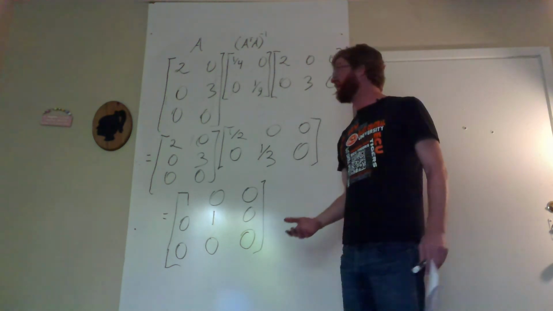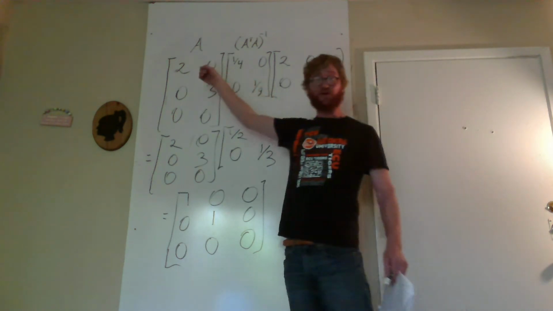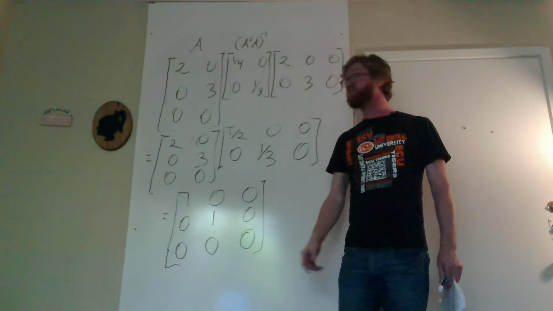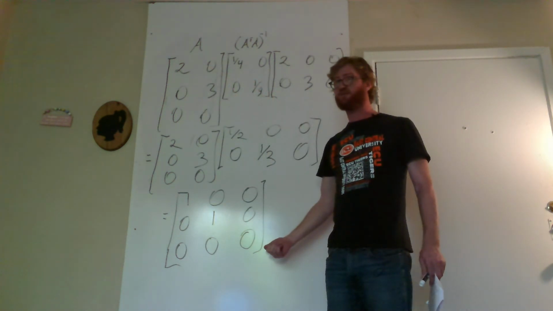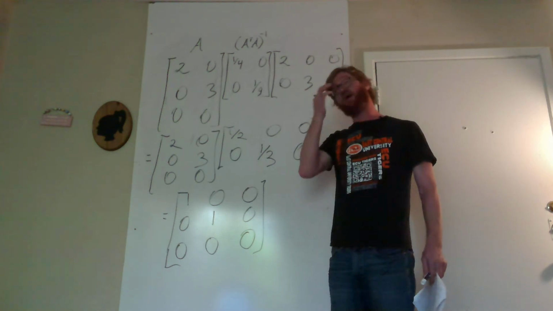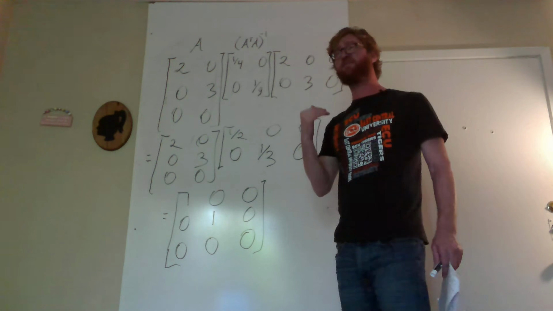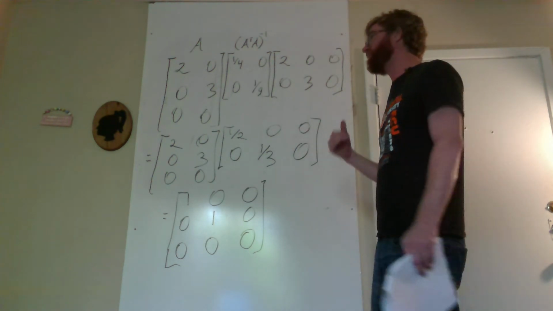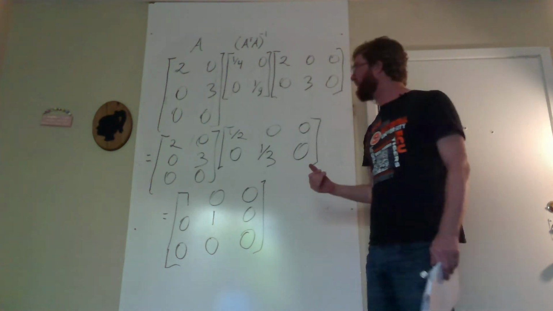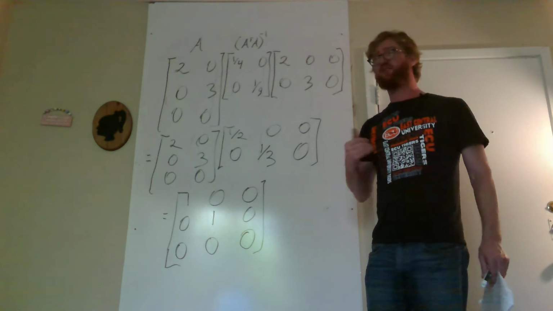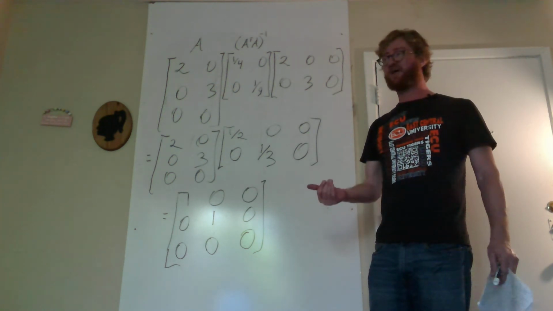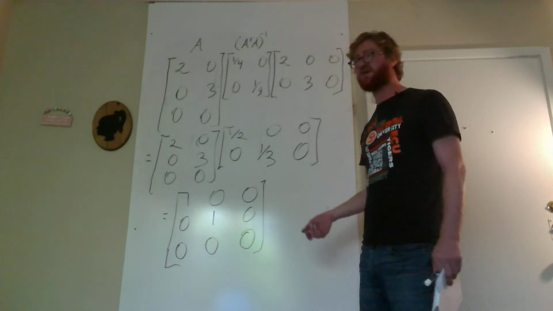And actually, if I pick different numbers besides 2 and 3, I still end up with the same matrix. It didn't matter what numbers I picked for those components. I basically said, I have a vector in the x direction and a vector in the y direction, and then what would be the projection matrix onto that? Well, it kills the z component.